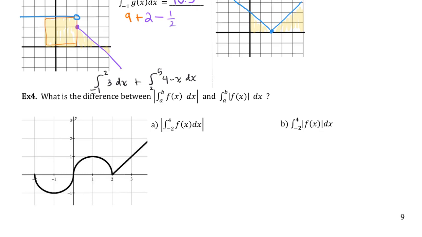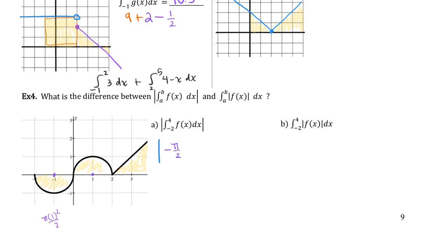So if I want the absolute value of the integral from -2 to 4, I'm going to absolute value the result. So the integral from -2 to 4. Okay, so what's the area here? This is a semicircle with a radius of 1. So what is that? Pi r squared divided by 2. So that's -pi over 2 because it's below the x-axis.